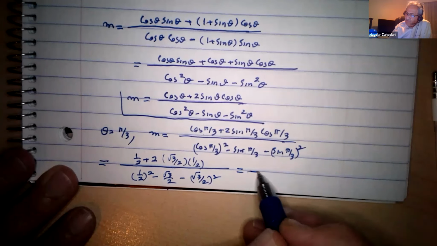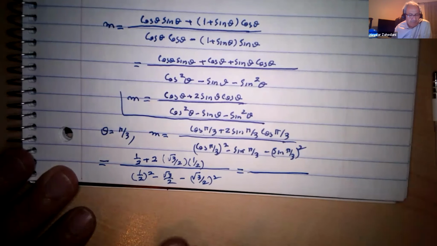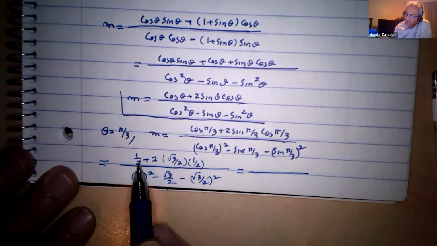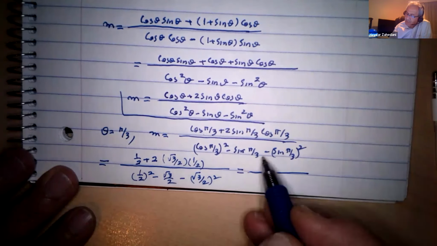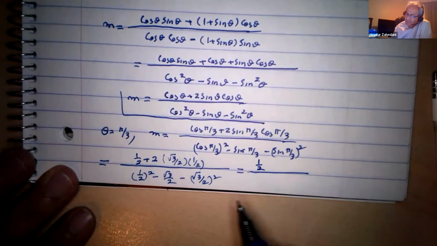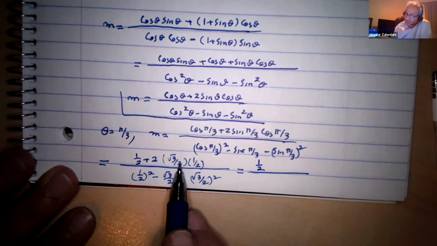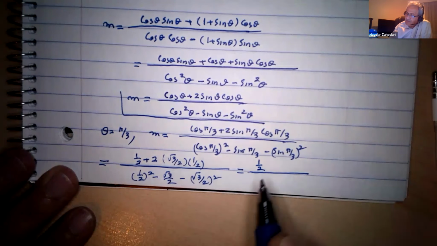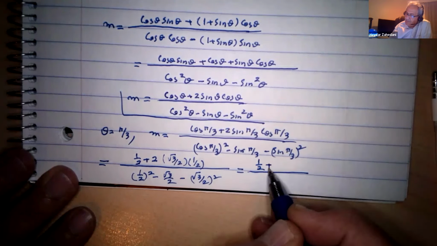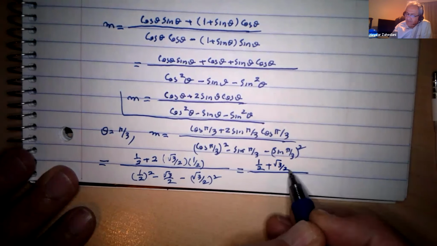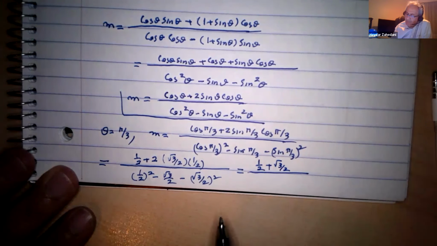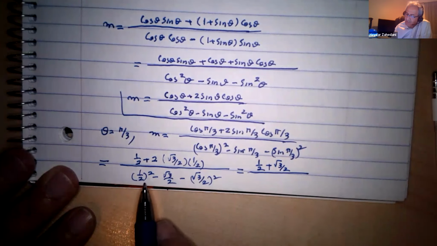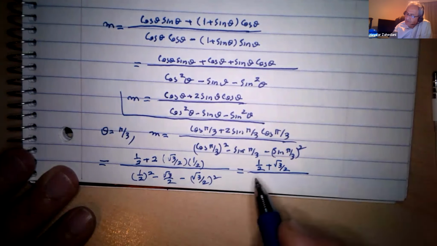So simplify, go forward. Okay, so what's going to be on the top? This is going to be 1/2. Now, one of the 2s is cancelled out, so that gives radical 3 over 2. And the bottom one, 1/2 squared is going to be 1/4.